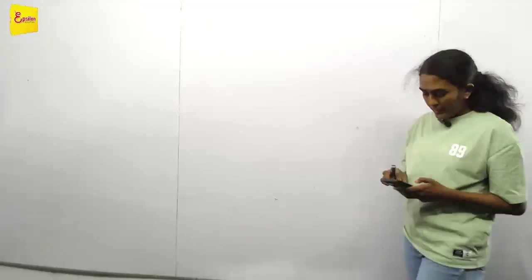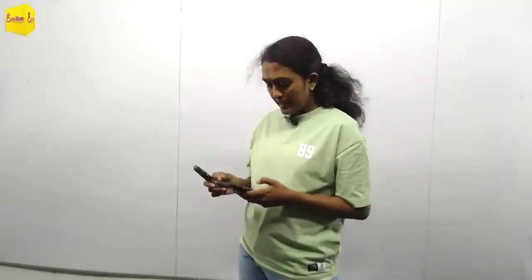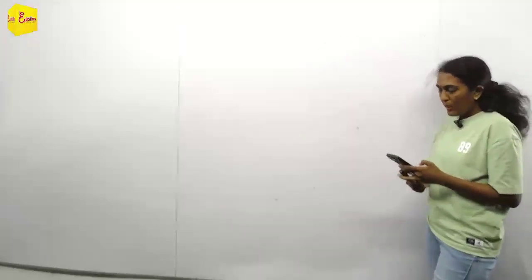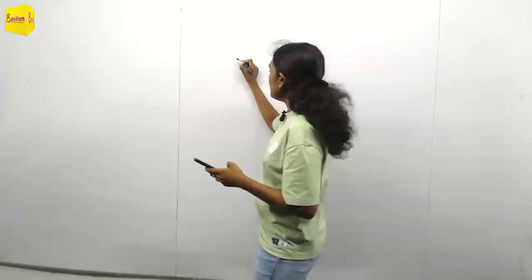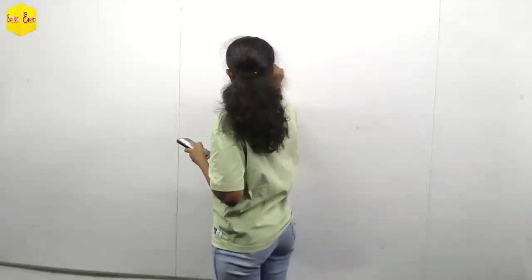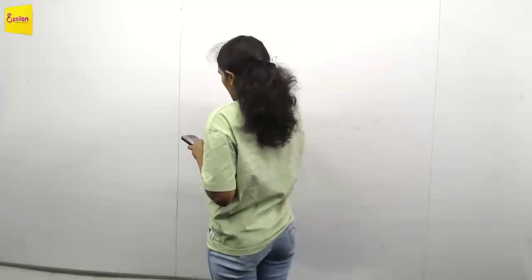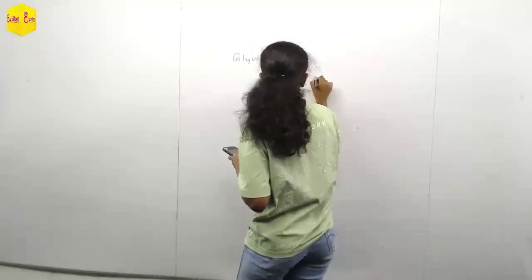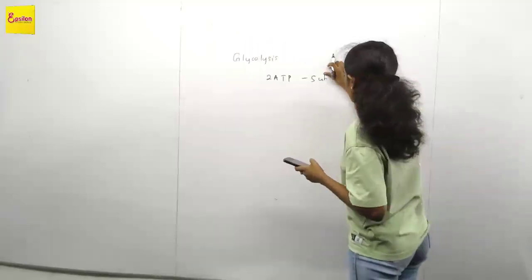Right. Do not get confused with the page number 69 that they have given, the few numbers there. So I'll explain what is given here. They say that in glycolysis, 2 ATPs are produced due to substrate level phosphorylation.